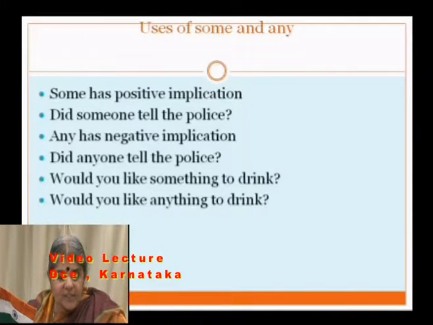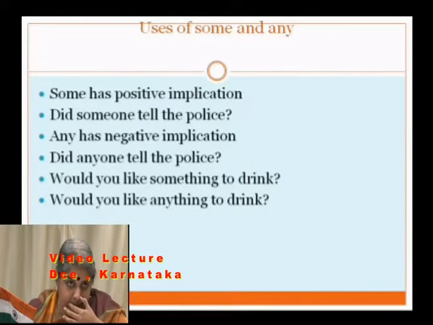It suggests that the speaker expects that the police have been told. Now, if I say, did anyone tell the police? It has a negative implication.